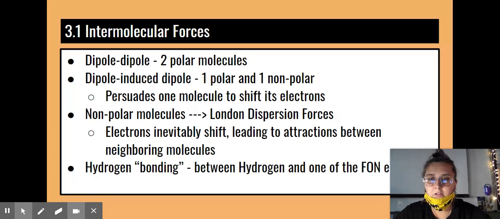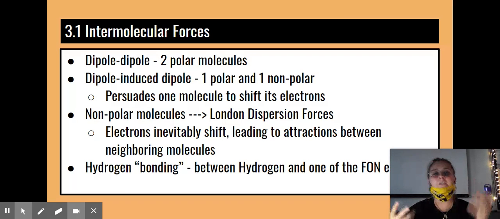The nonpolar molecules are actually more commonly referred to as the London dispersion forces, or van der Waals. They're interchangeable, but I'm going to be discussing them as London dispersion forces. The electrons inevitably shift, right? Those electrons are moving around, leading to attractions between neighboring molecules. So even if your molecules are all nonpolar, right?